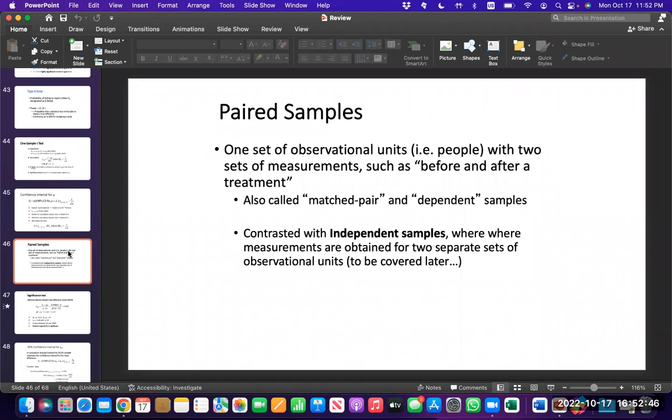It's a before and after situation where you basically have matched pairs or dependent samples, which are in contrast with independent samples. So please understand the difference, that it's two different groups. So if you have before and after, there's some relationship between the samples before and after. Don't use an independent sample, but use a paired sample t-test. If you have two independent groups, always think of an independent samples t-test.